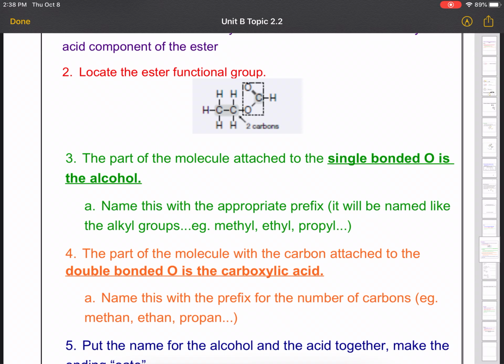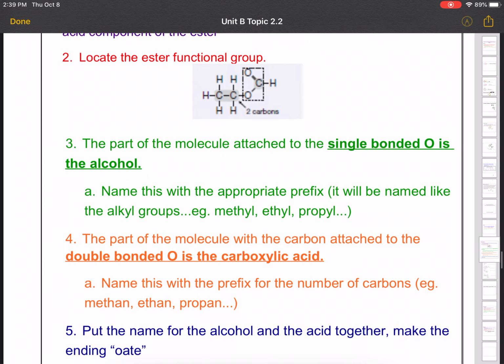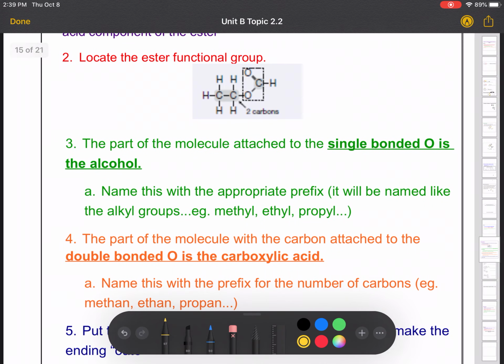It says the part of the molecule attached to the single bonded O is the alcohol. So whatever part has the single bonded O, this becomes the alcohol. So for us right here, this would be considered our alcohol. And the double bond part would be considered the carboxylic acid.